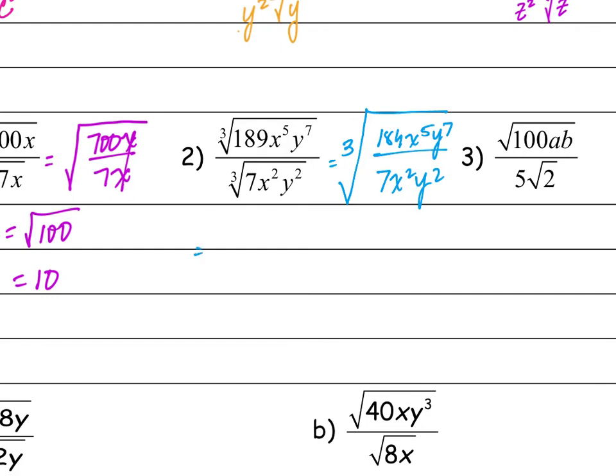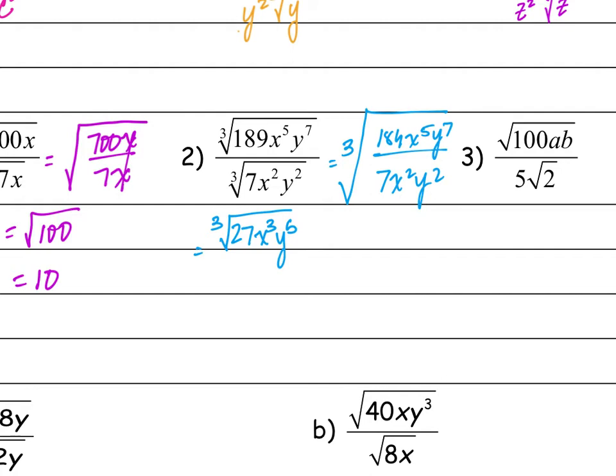So that's going to become, let's see, 189 divided by 7 is 27. So this is the cubed root of 27 x to the 3rd, y to the 5th. Okay, any questions on how I got that? Does anyone know? Anybody have any questions?